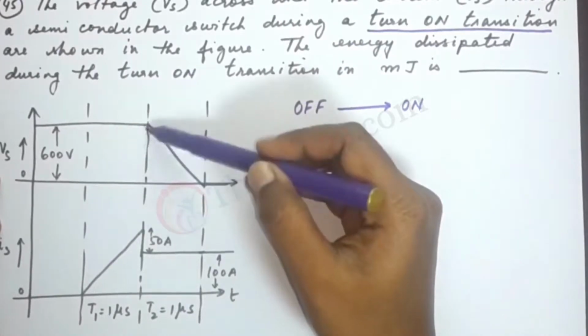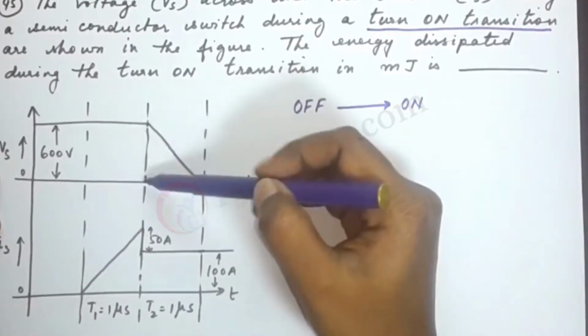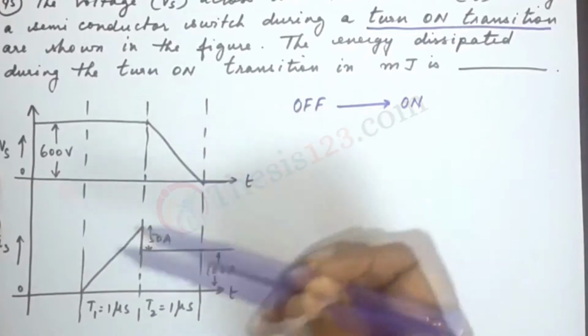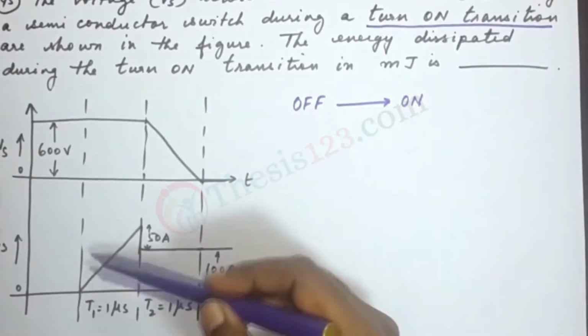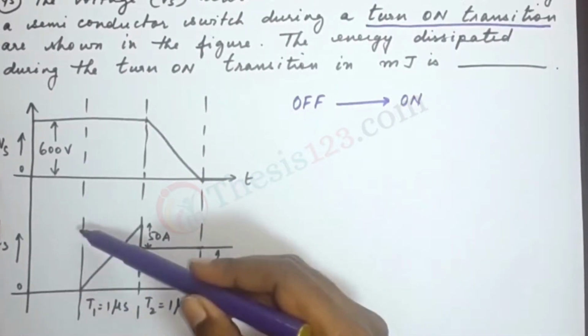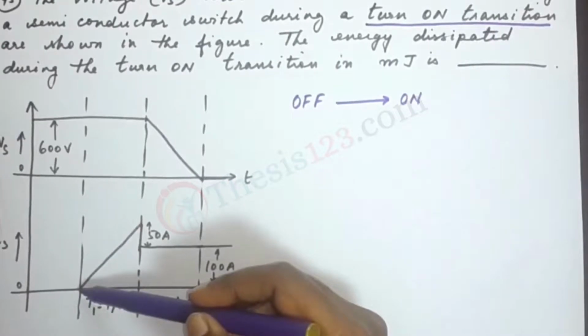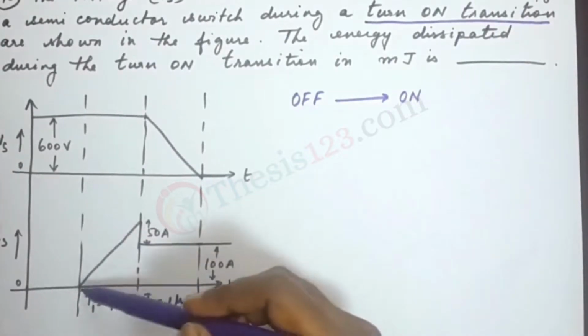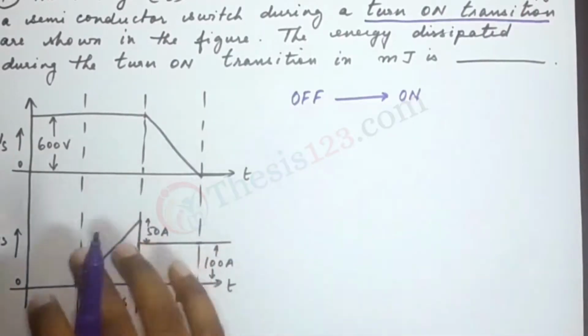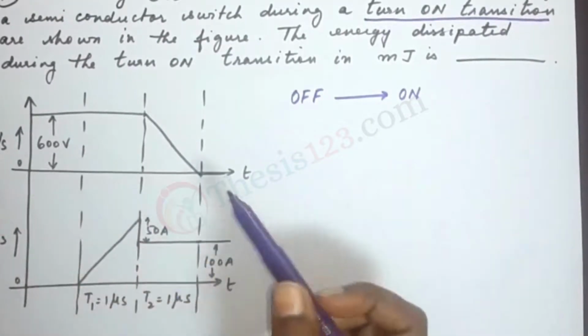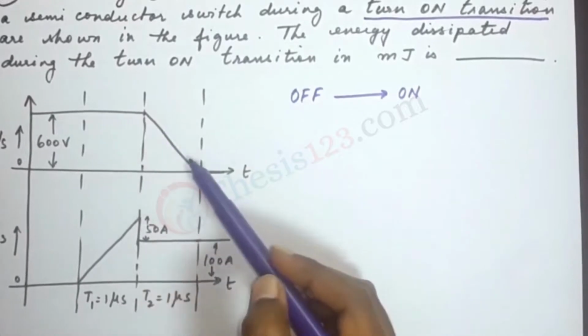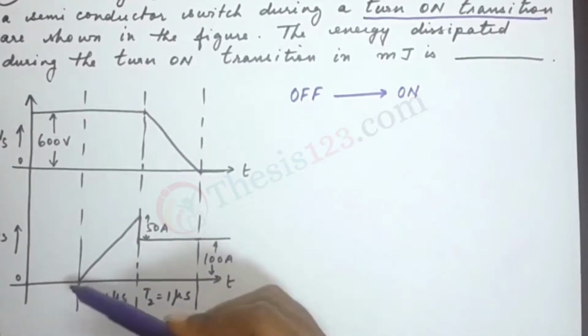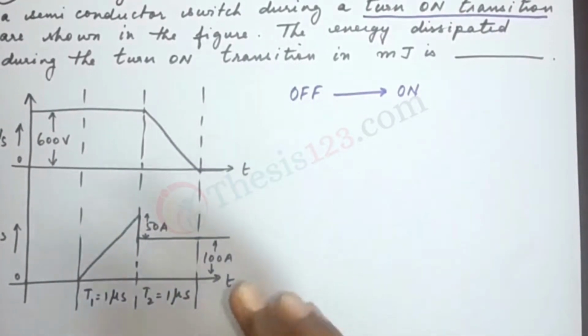There is a vertical decrease, an immediate decrease. For the current, there would be an instantaneous increase, a vertical line with no gradual increase. So this is a practical case where we see a gradual decrease in voltage and a gradual increase in current.